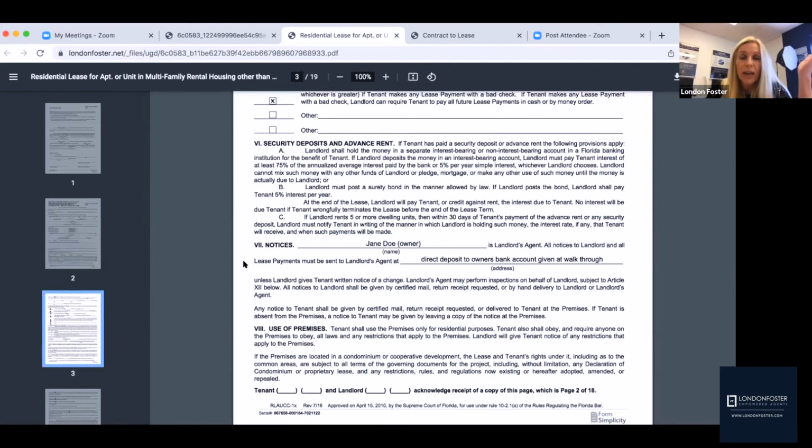I just put that we're going to give that account at walkthrough. When we do the walkthrough of the apartment, when they get the keys, I hand the account number to the tenant. Because we have so much fraud all over the place right now, I try to protect my clients' account numbers by only giving it to the tenant where they're going to make the payment.